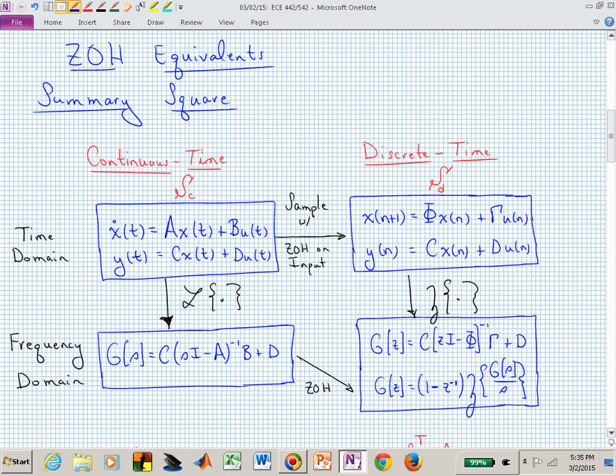So this gives you a way of connecting or relating these different ideas, starting with one or the other of these representations, either in the time domain or the frequency domain.